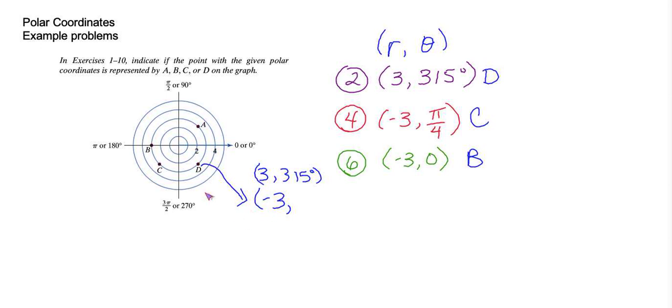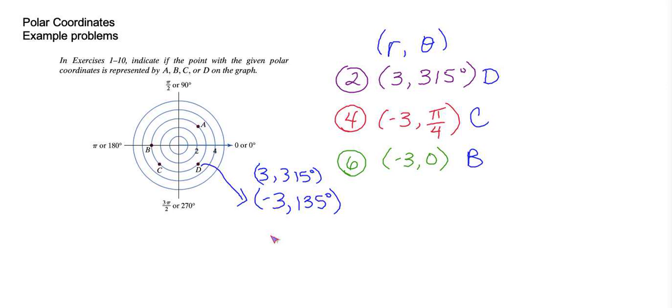Well, opposite from that, over here, what would be halfway in the second quadrant? That would be 90 plus 45, which is 135. So notice that these are equivalent.